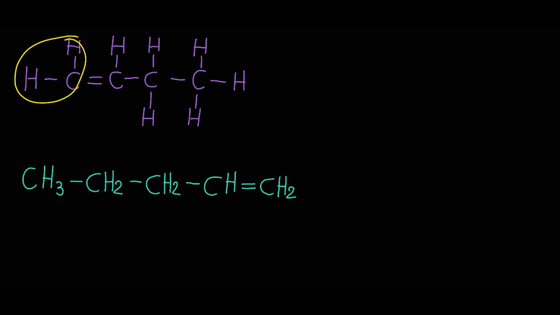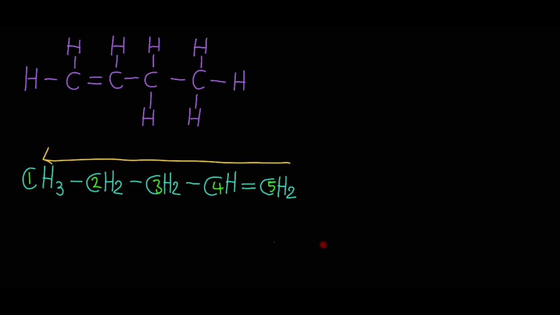First we need to identify the longest chain, but we want that longest chain to contain the double bond the closest. Let's see counting from left to right. This is 1, this is 2, this is 3, this is 4, this is 5. You can see that the double bond is in carbon number 4 when we move from left to right. But now let's see when we move from right to left.